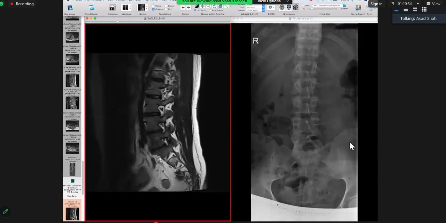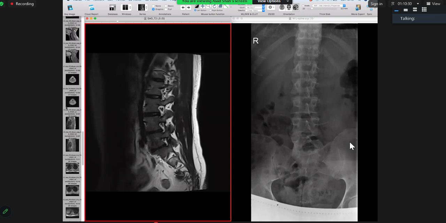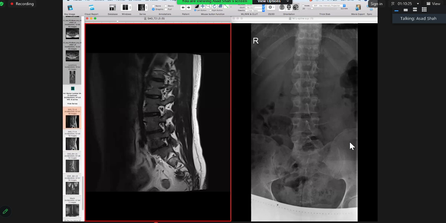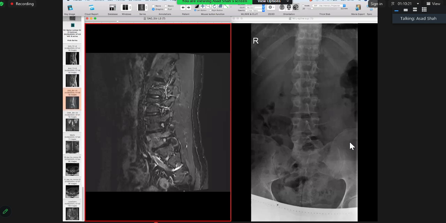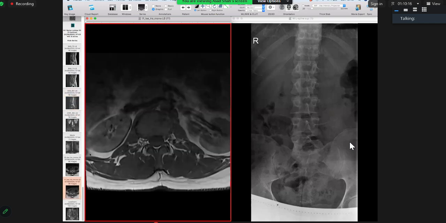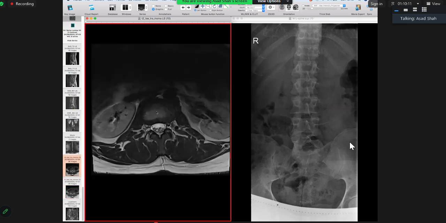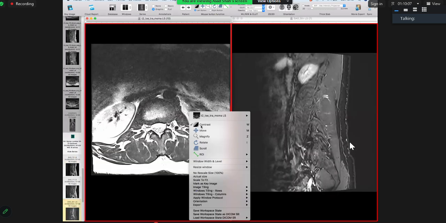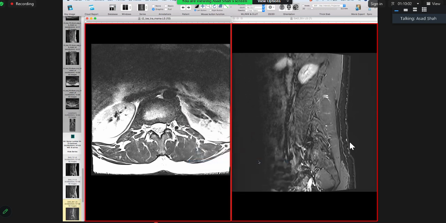Okay, let's look at the STIR because I think it's a bit difficult to see on that T2. I'll put the STIR for you. Let's put the STIR here and the axial. Do you have an axial T2? I have axial T2 for you, and sagittal STIR.